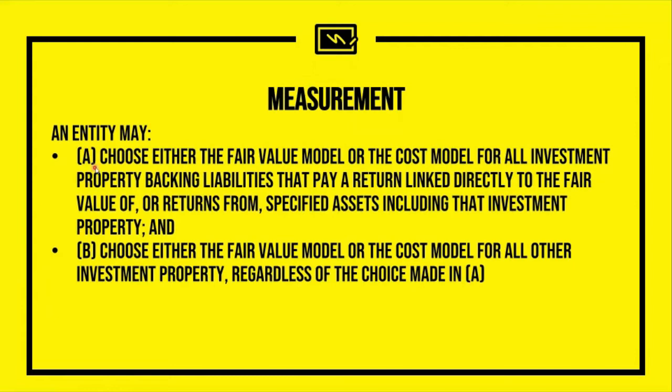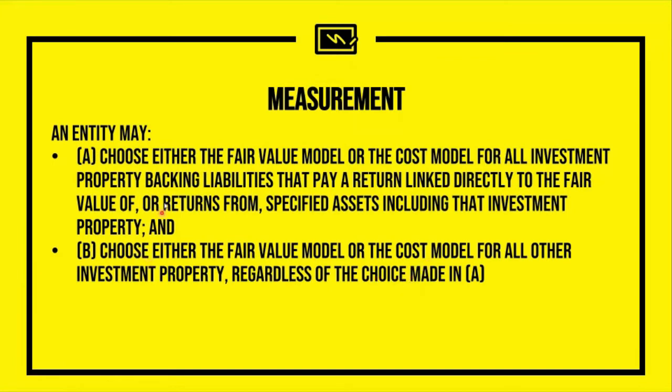So example, if for investment properties in Group A you chose fair value model, for investment property in Group B you can choose fair value, you can still choose cost model. So the choice of accounting policy in Group A does not preclude you from choosing the other option in Group B. Okay?